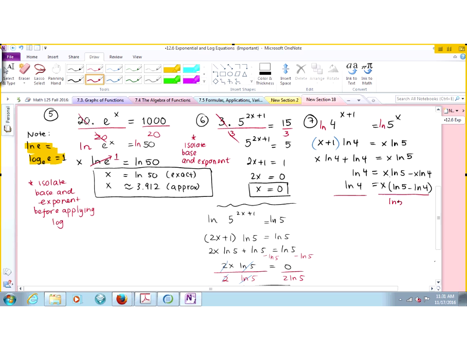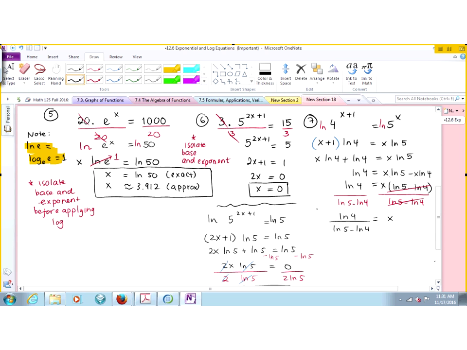We will divide both sides by ln 5 minus ln 4. All right, so now I have my exact value, which is ln 4 divided by ln 5 minus ln 4. This is my exact value.